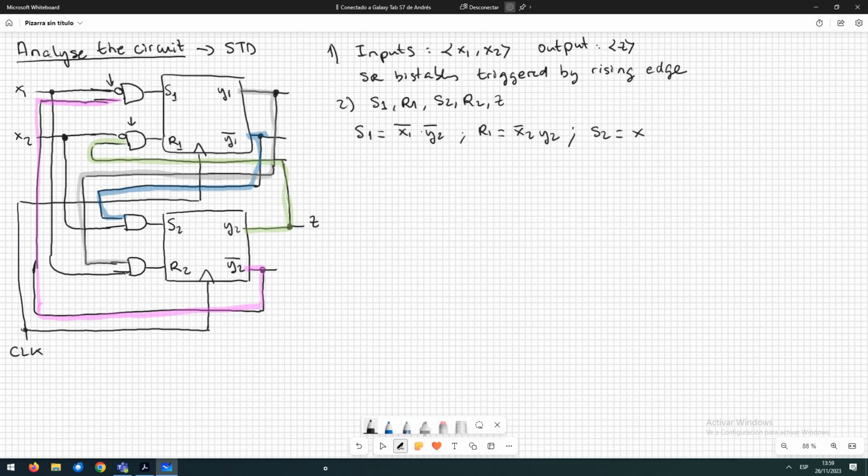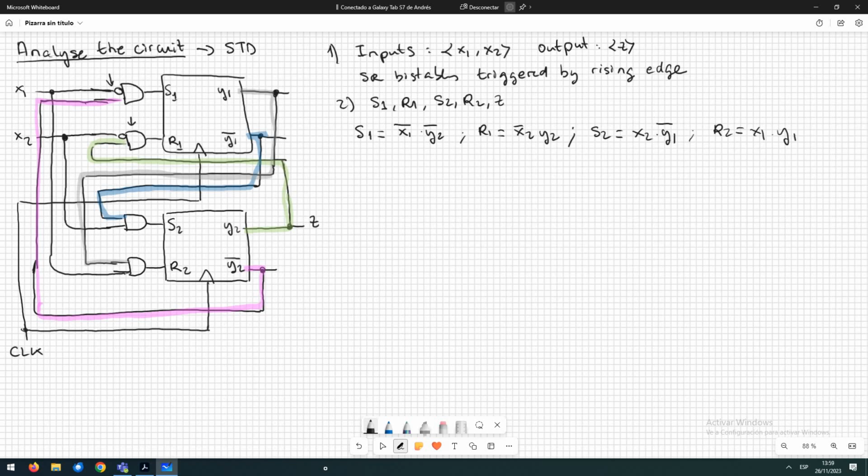In S2 we have X2 and Y1 negated, and in R2 we have X1 multiplied by Y1 non-negated.